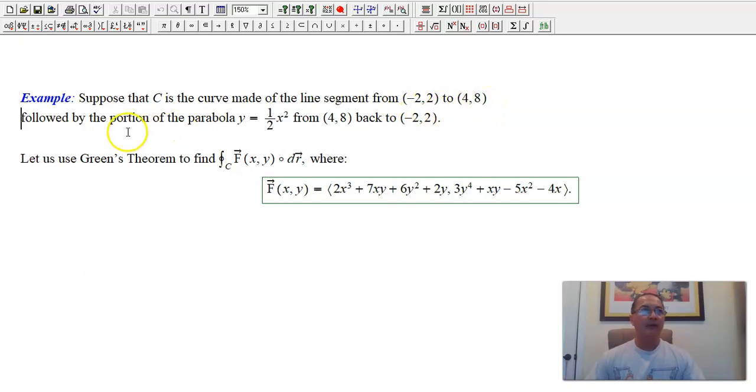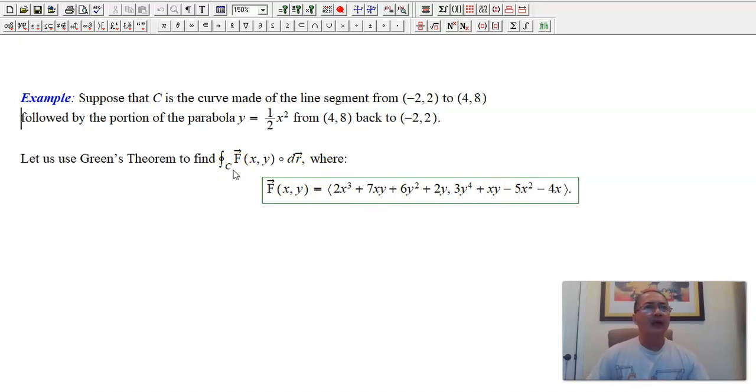And then we want to follow the portion of this parabola, y equals 1/2 x squared, from 4, 8 back to -2, 2. We're going to go to GeoGebra in a minute and see just exactly what this is supposed to look like. But we want to use Green's theorem to find the contour integral of this vector field, in the counterclockwise orientation.